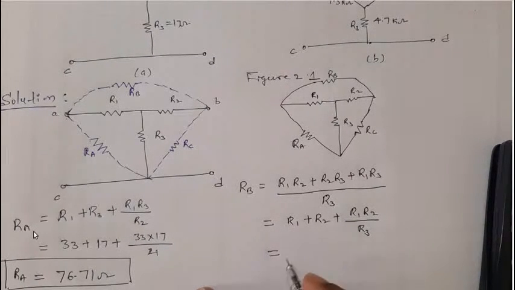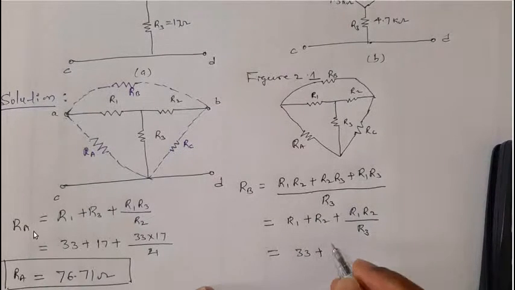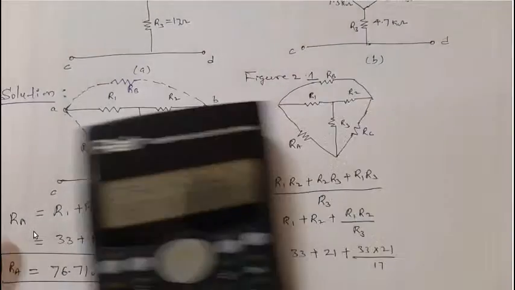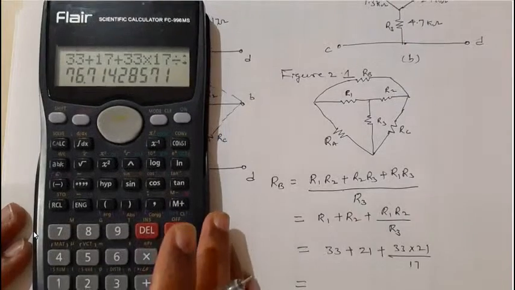Here R1 is how much? R1 is 33 ohm plus R2 is 21 ohm plus 33 into 21 divided by 7. Let me calculate this.